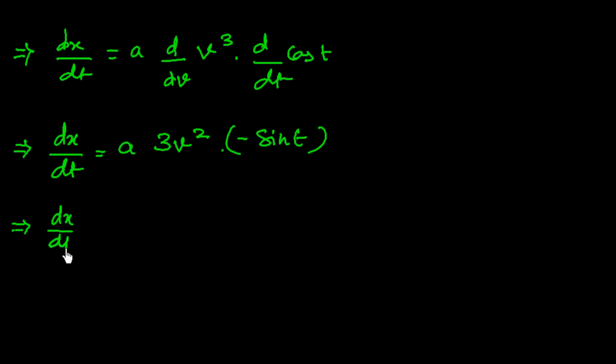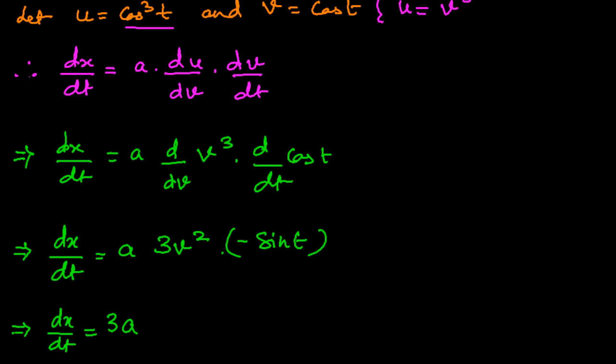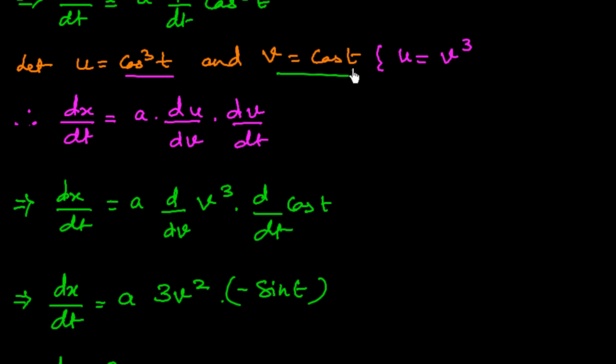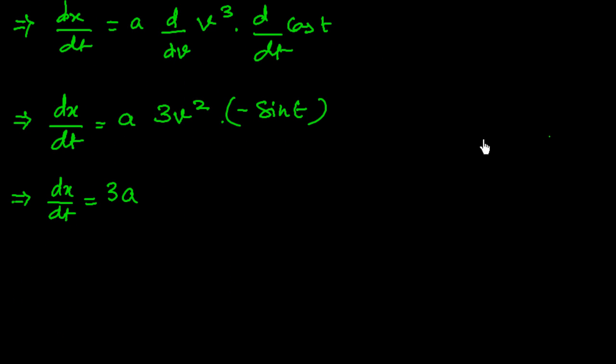So dx over dt is equal to 3a v square, and v is cos t, so we put cos square t, times minus sin t.